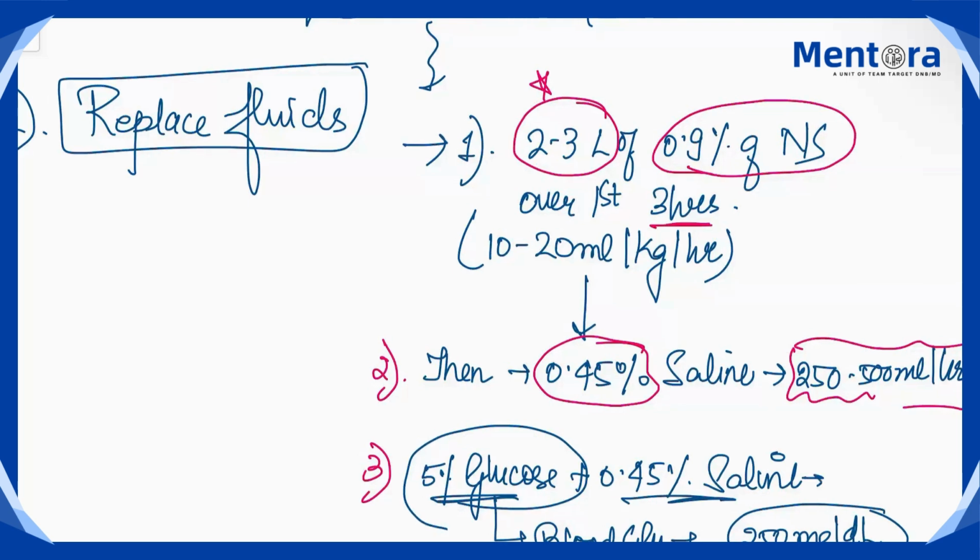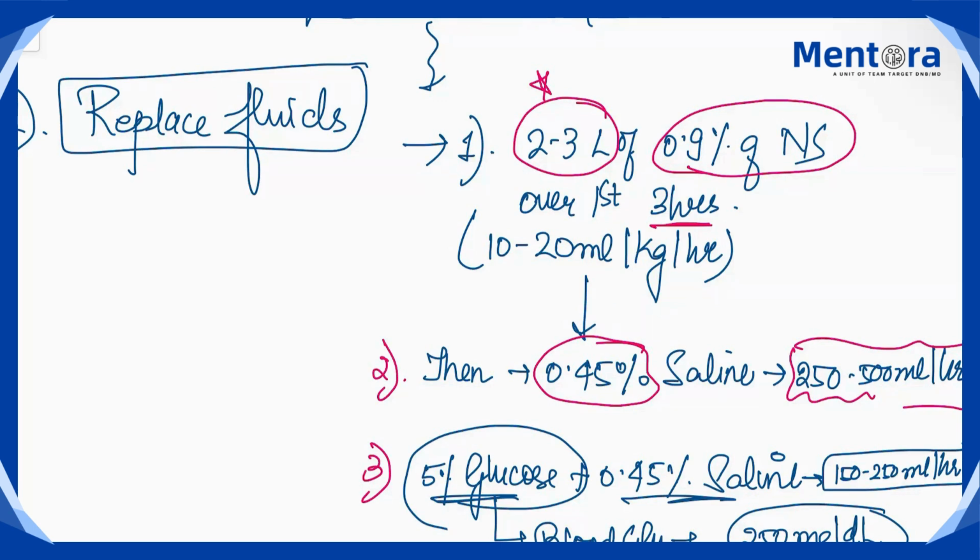And this is to be given at a rate of 150 to 250 ml per hour. Okay, so this is the first and the foremost management, that is replacement of fluids.